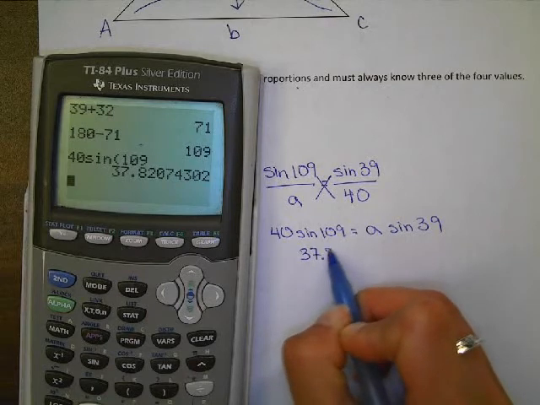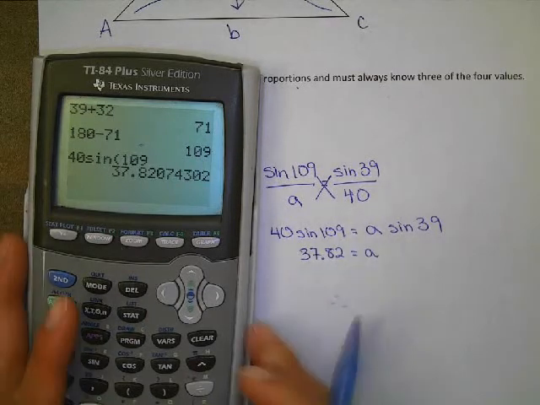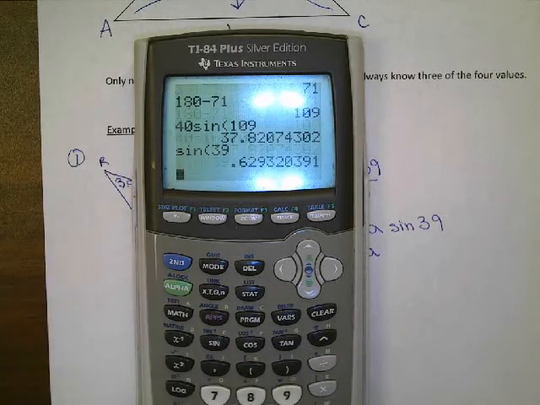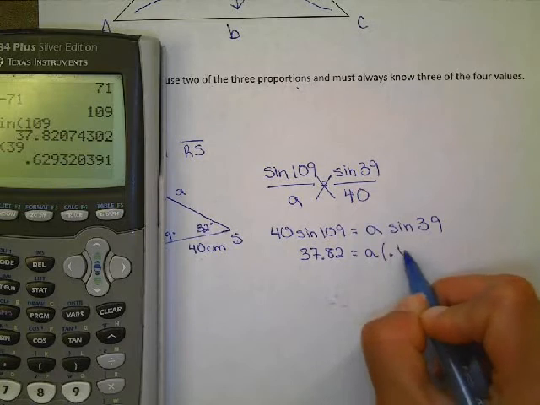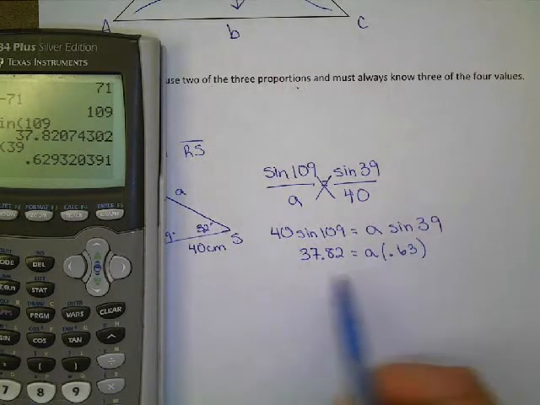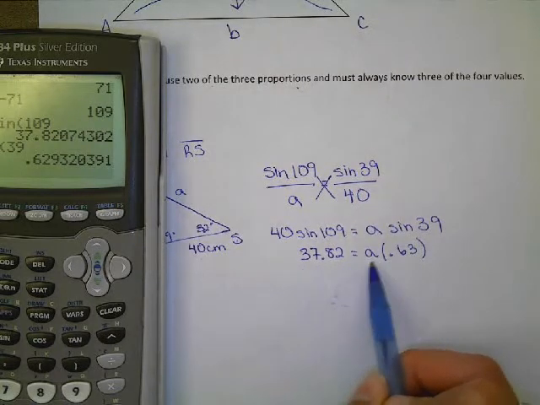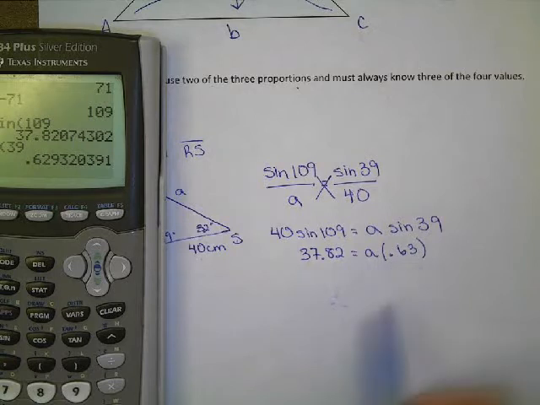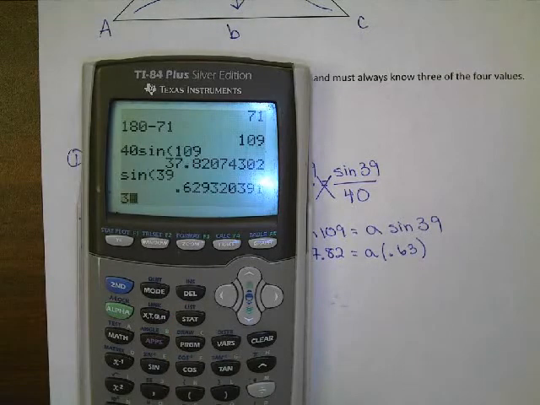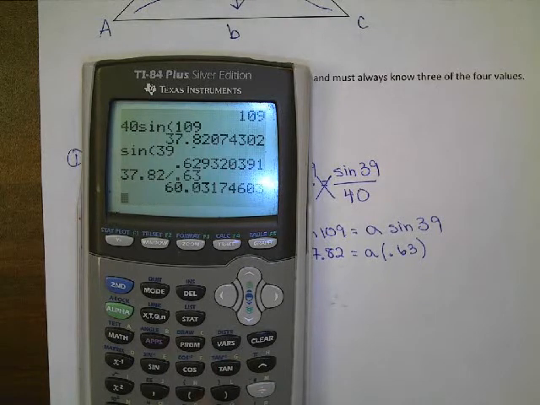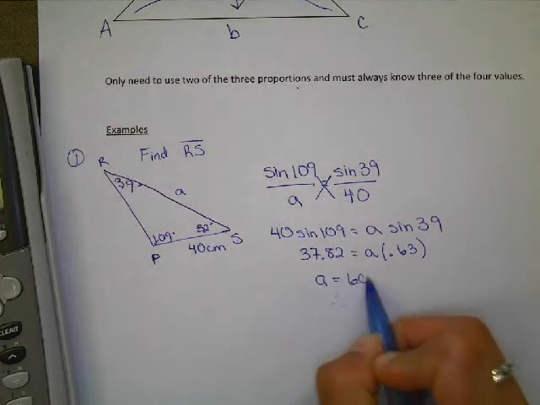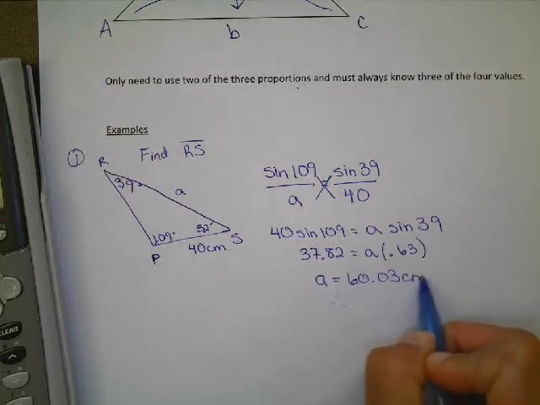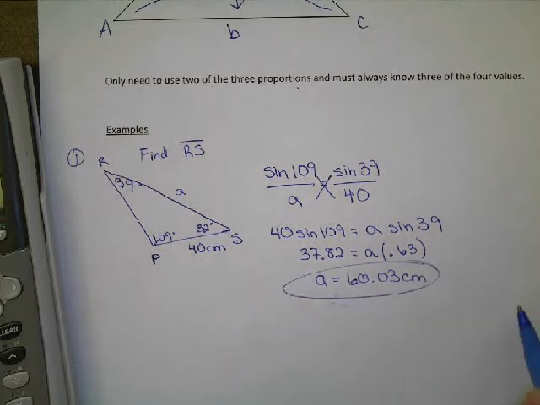So 37.82 equals A times the sine of 39 degrees, which is 0.63. To get A by itself, I'm going to divide. So 37.82 divided by 0.63 gives me 60.03. So the length of side A is 60.03 centimeters. And that would be our answer.